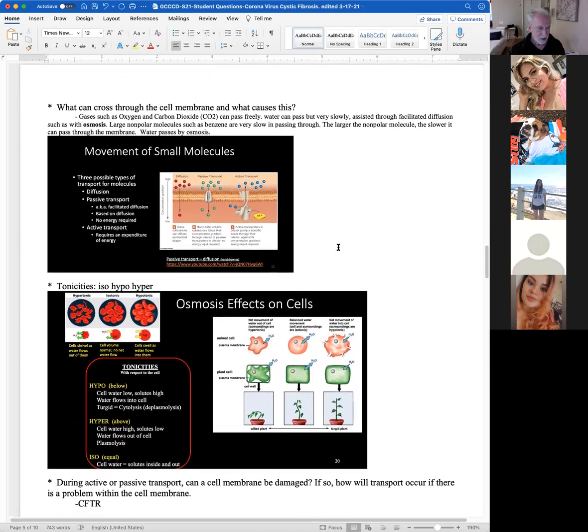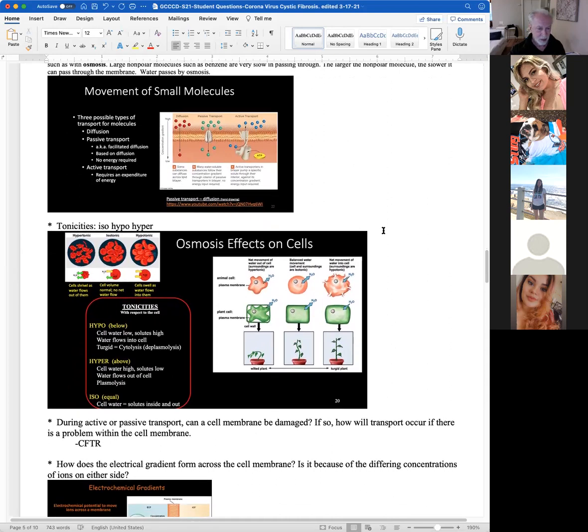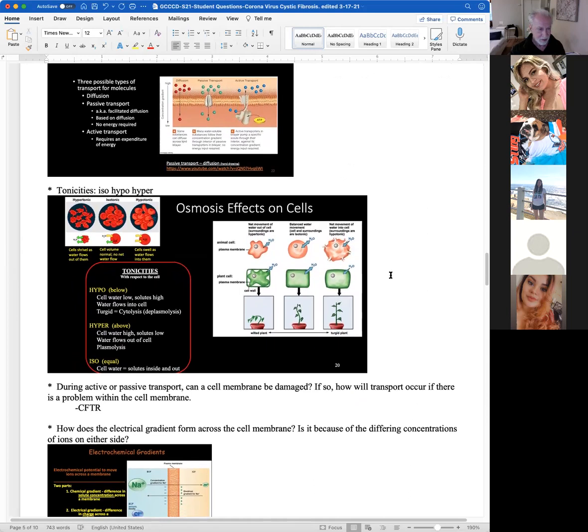Then you have a worksheet on membranes, and on that worksheet are some problems, some questions about tonicities. So let's talk about tonicities. They are hypotonic, hypertonic, and isotonic. Isotonic is easy to understand, and these tonicities are always with respect to water.